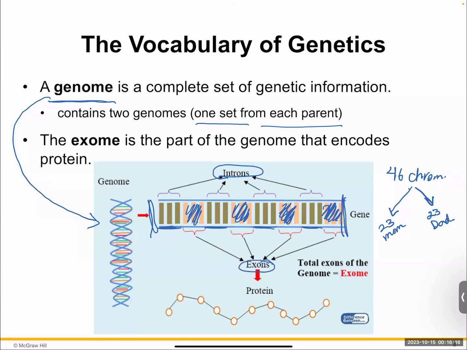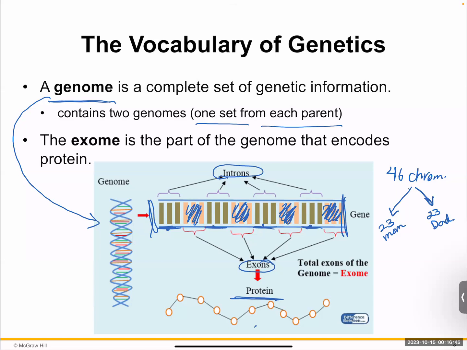Exons are extremely important because I can put all of these exons together and use them as the blueprint for synthesizing my protein, which is depicted down here. So all of these little exons are joined together from the gene to form one long sequence, and that is the sequence used as a blueprint to form your proteins.